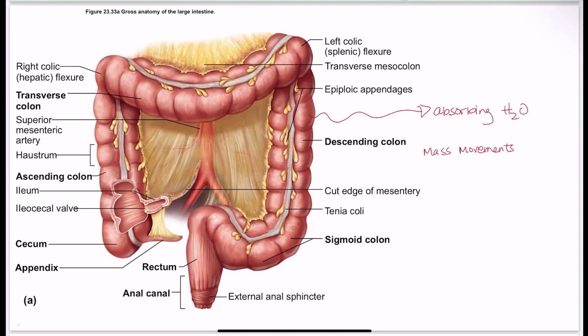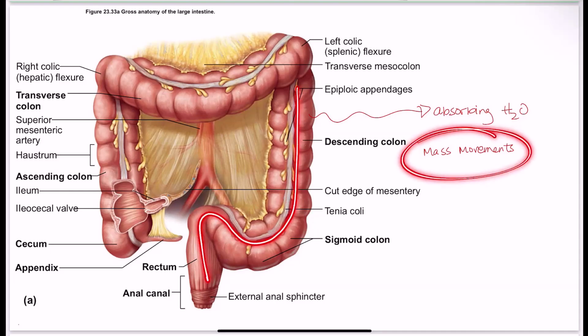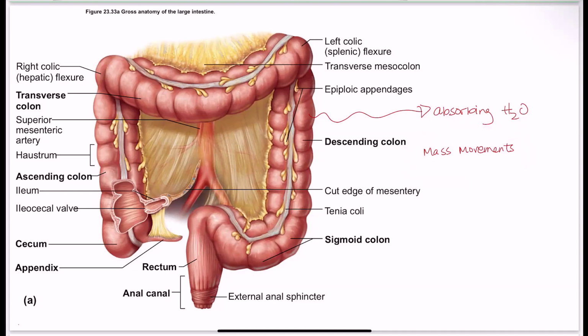And the descending colon is the one that goes down. So the descending colon and the sigmoid colon play a big role in storage of feces until those mass movements help push things down and out. And that process is called defecation.